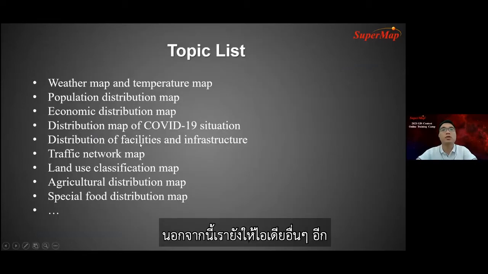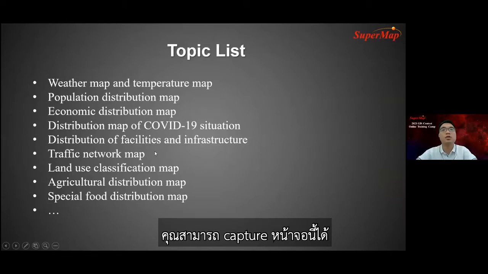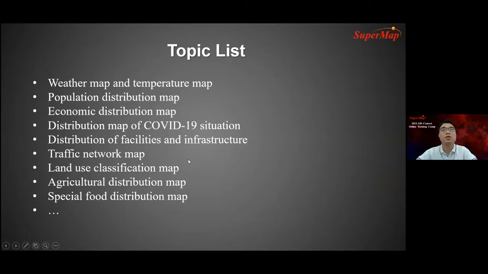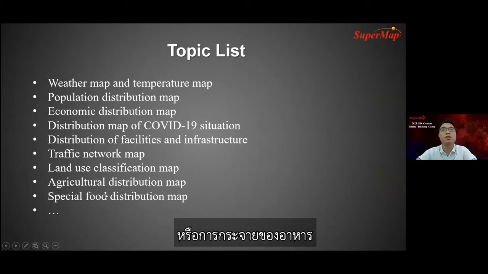Here we also provide you more ideas, like this is some specific topic. You can make a screenshot or capture this page, and you can search some related data, like population, economic, traffic network, land use classification, agriculture, or some food distribution map.